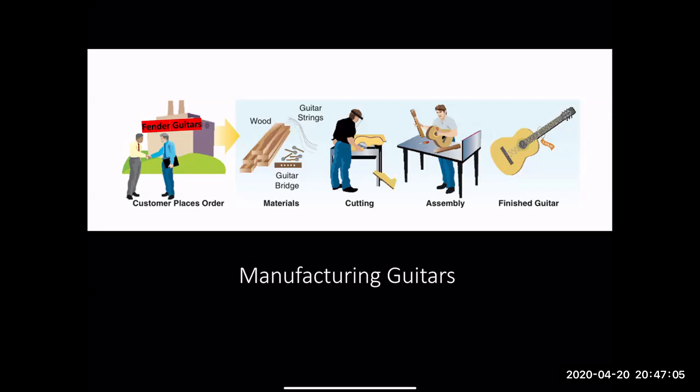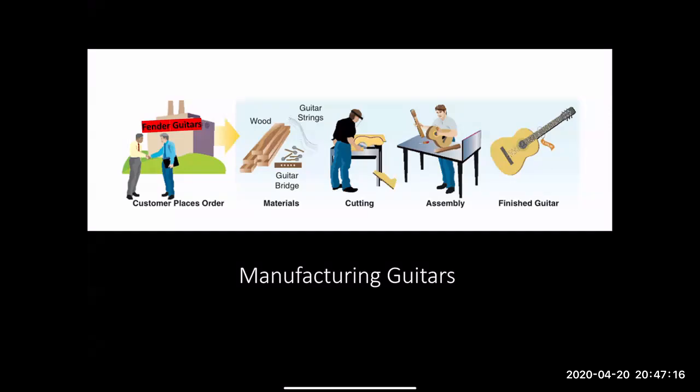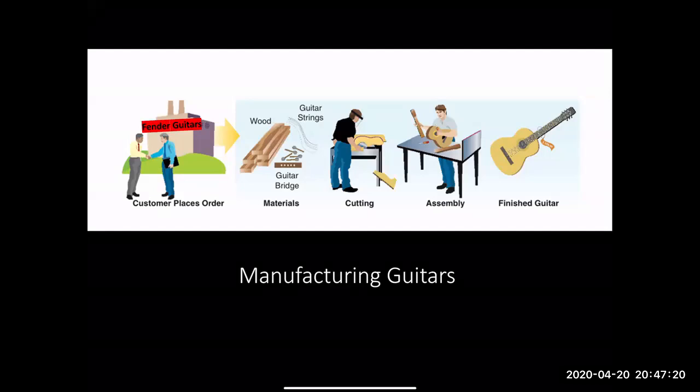All right. So, anyways, when we're looking at the manufacturing process of a guitar, it usually starts off with a customer placing an order. In layman's terms, it's like a Guitar Center or something of that nature going to Fender and saying, hey, I want 20, specifying a quantity and detailed types of guitar they want, and trying to work out price, right?